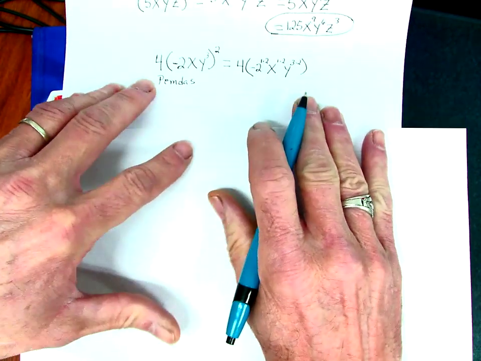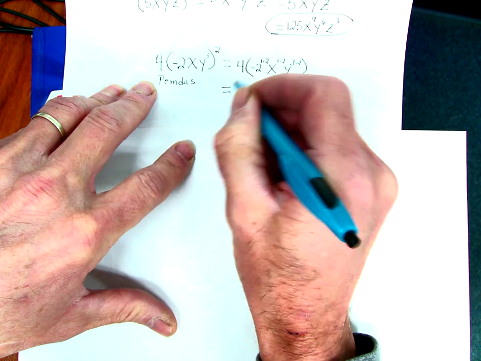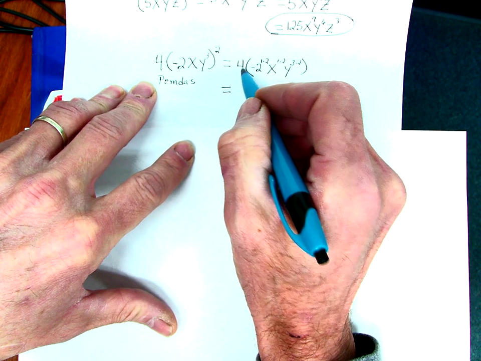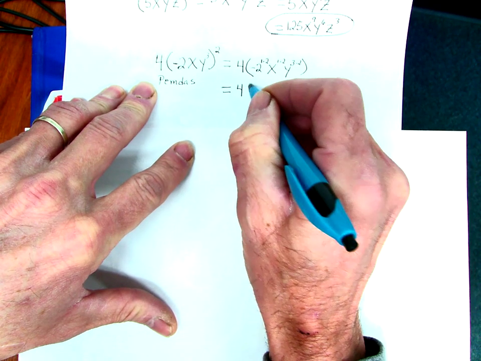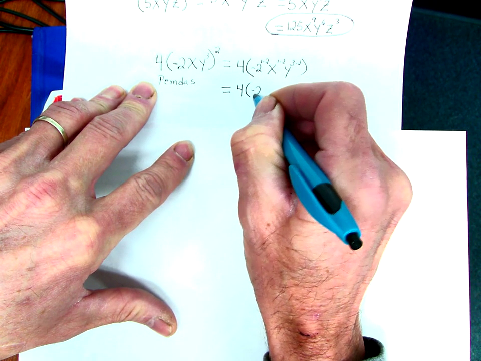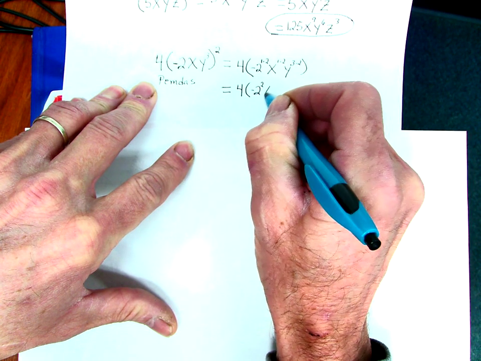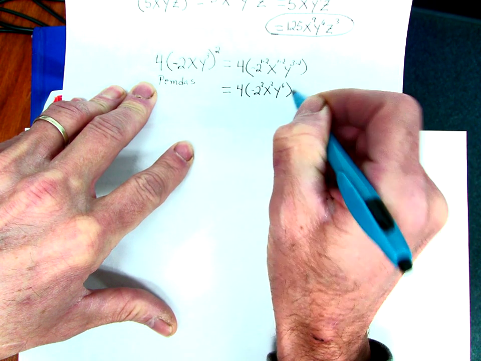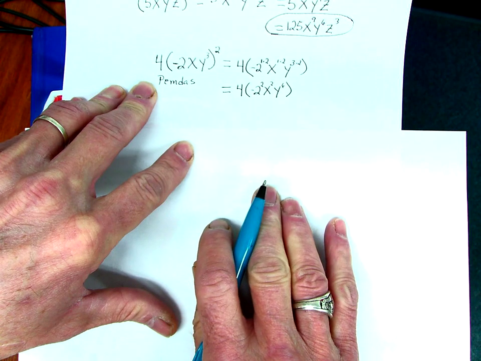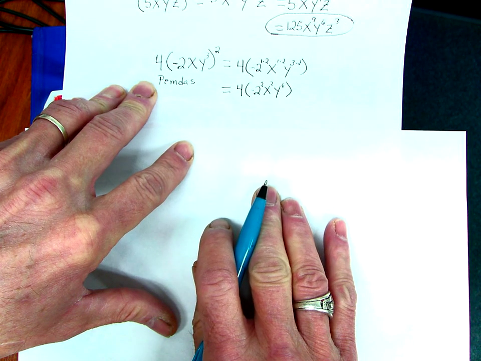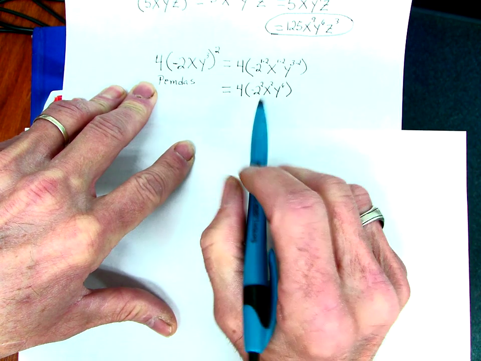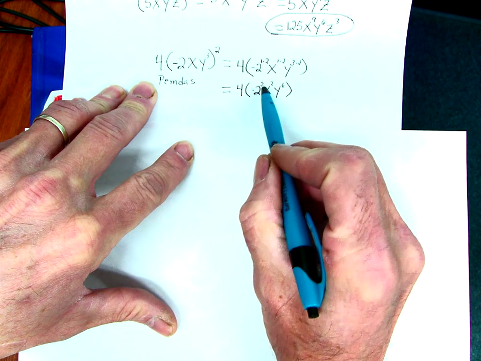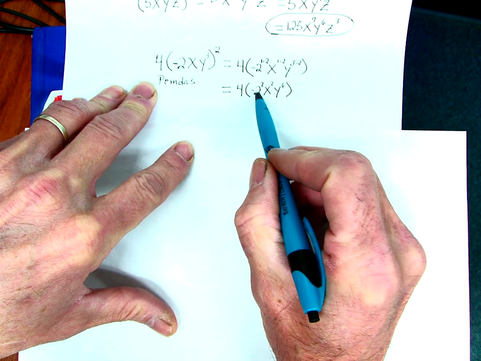Now going one more step. Still not ready to do anything with that 4 yet. It's 4 times negative 2 squared, x squared, y to the 6th. We're almost ready to multiply with the 4. Here's math that we can do now on the inside of the parentheses.